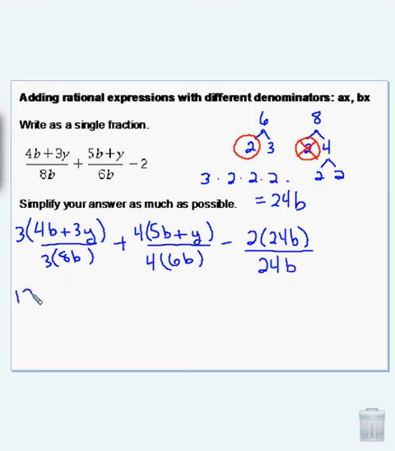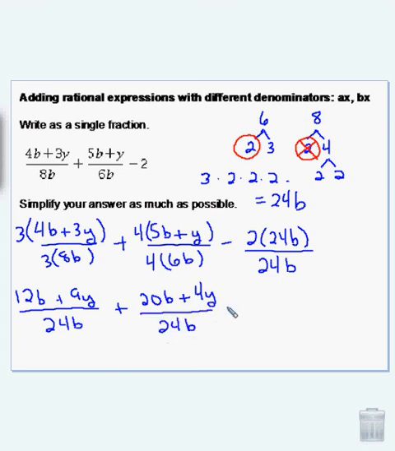This will give me 12b plus 9y over 24b plus 20b plus 4y over 24b minus 48b over 24b. Collect my like terms.